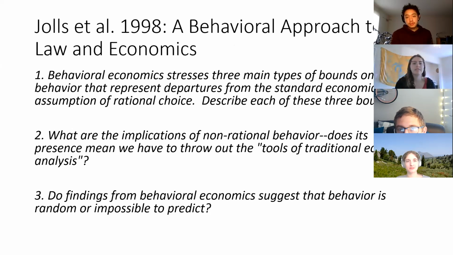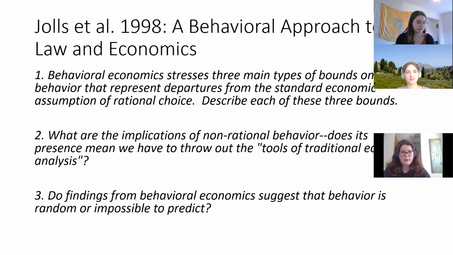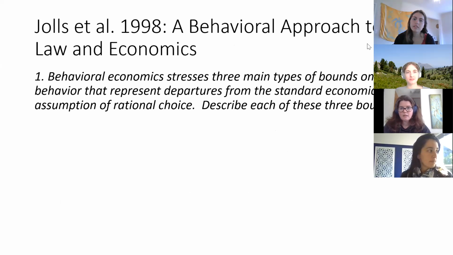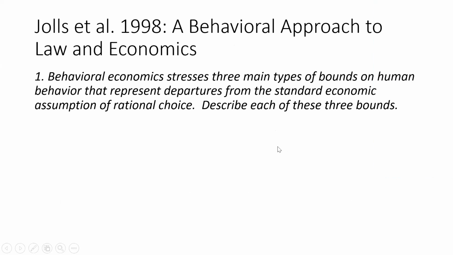So there were 3 discussion questions on the course schedule for this reading. The first one being that the paper stresses 3 main types of bounds on human behavior that represent departures from the standard rational choice assumptions.